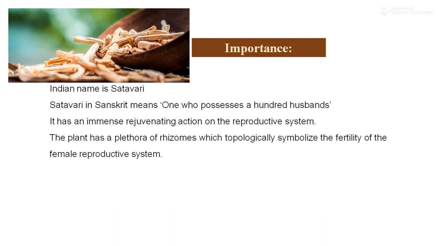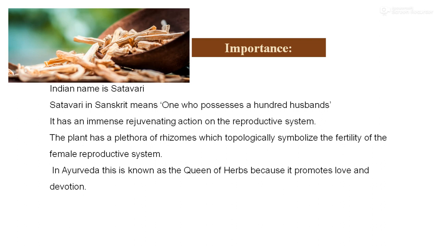The plant has a plethora of rhizomes, which topologically symbolize the fertility of the female reproductive system. In Ayurveda, this is known as the queen of herbs because it promotes love and devotion.